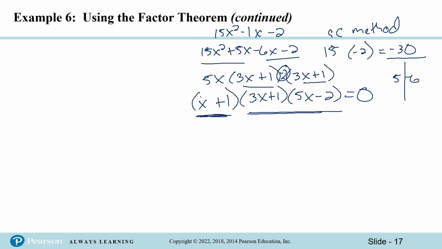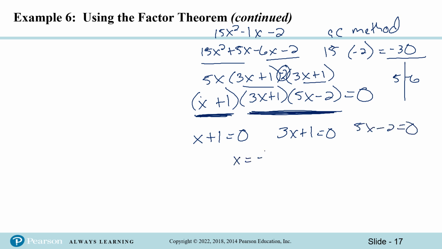Well, I just factored my 15x squared minus x minus 2 into the 3x plus 1, 5x minus 2. Once I have it in factored form, then I can set each one equal to 0. And I get negative 1, negative 1/3, and it looks like 2/5.